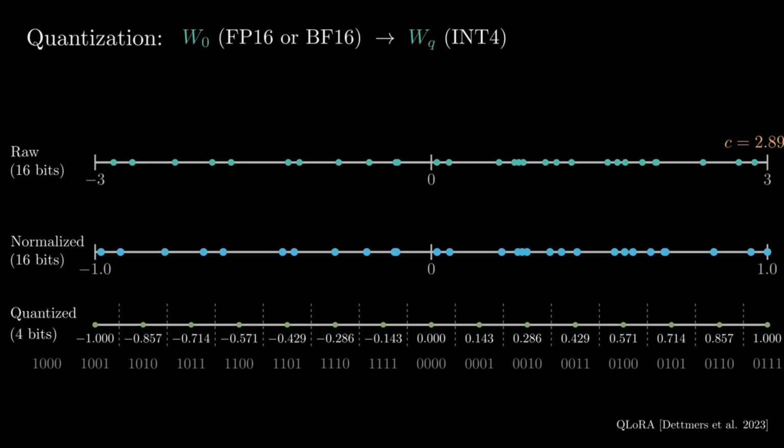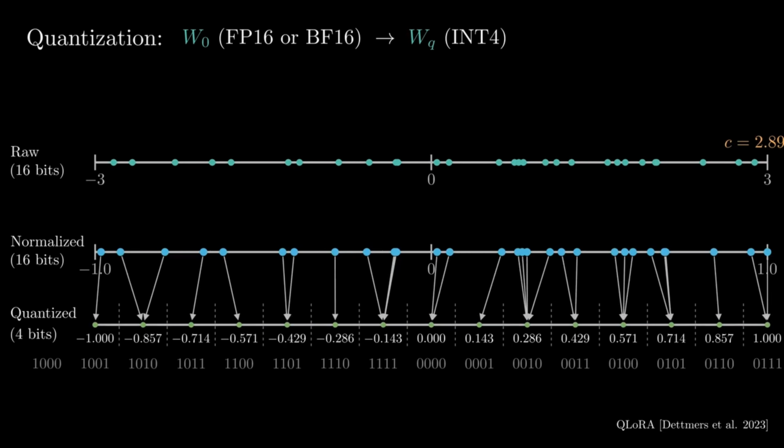This way, there are equal numbers of positive and negative quantization levels, and 0 is directly encoded. The quantization process snaps each normalized value to the nearest 4-bit level. The frozen base model becomes much smaller, while the LoRA adapter remains trainable in full precision. We get the benefit of a huge pre-trained model, but we only pay training memory for the small adapter.